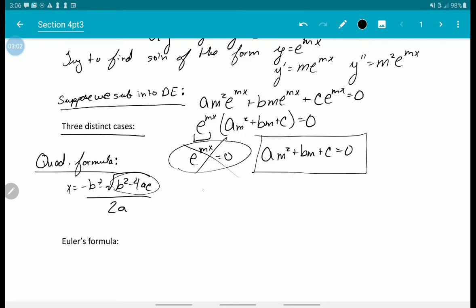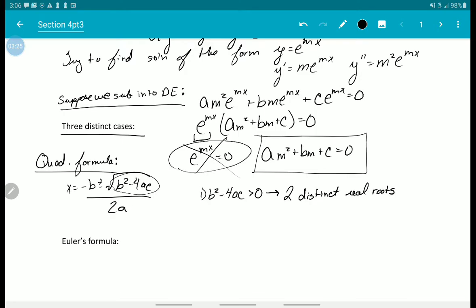So there's three things that can happen under that square root. Either b squared minus 4ac, and that is called the discriminant, is going to be a positive number. If that's positive, we know that we're going to have two distinct, meaning different, real roots.